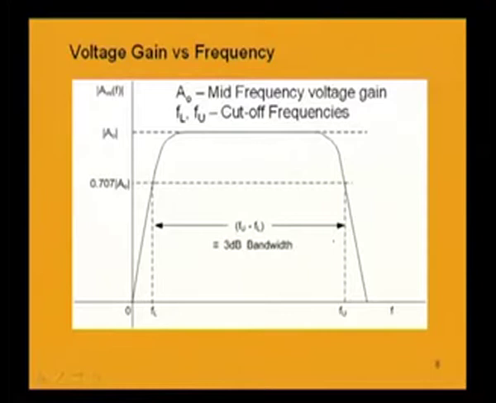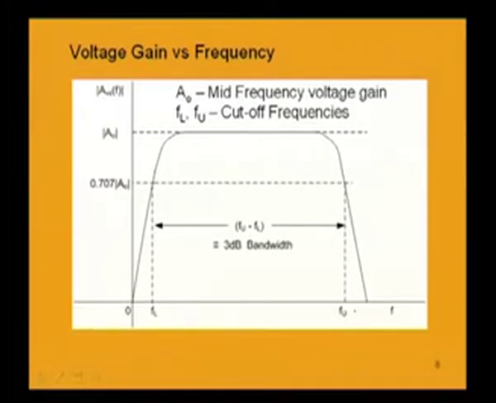Now one point to be noted in this graph is that we are marking two frequencies, FL and FU. FL and FU are called cutoff frequencies, where the gain of the amplifier drops off to 1 by root 2 times the gain of the mid frequency region.